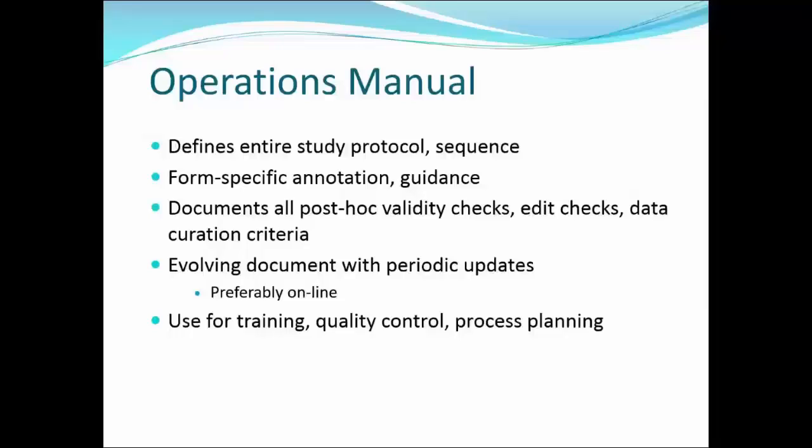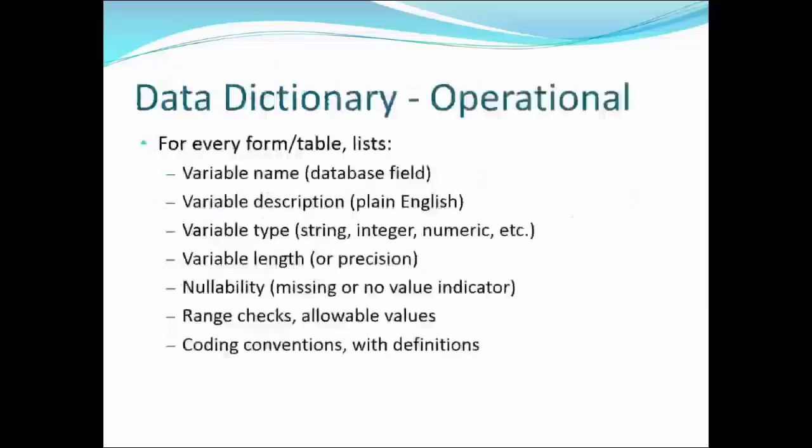You should have a figure for it so they can easily look. Make sure there's annotations about if a form changed, that kind of thing. You want to periodically update it if things have changed, and you want to use it in training of any new staff, in quality control, and in planning for the future, and actually doing your analysis.